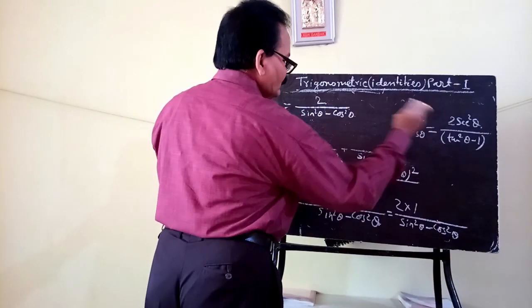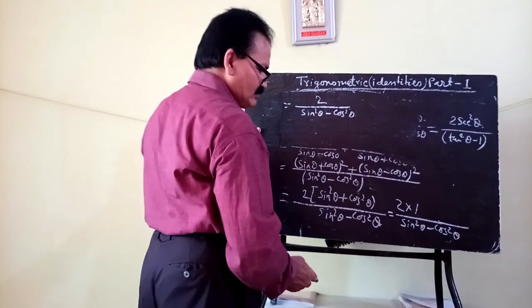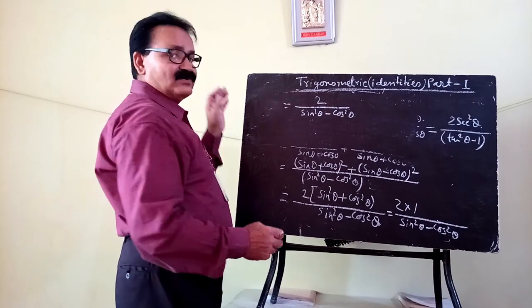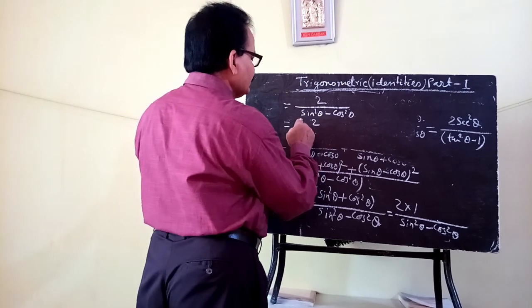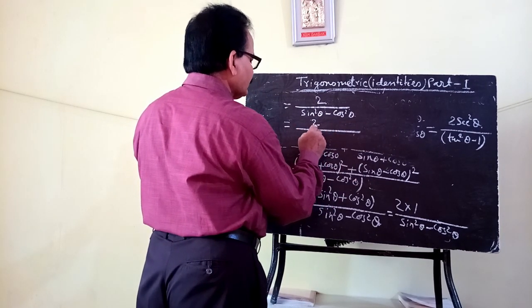Okay, and we have to prove this one. So in the denominator is tan square theta. Here it is only sin square theta. Then what you will do? You divide the denominator by cos square theta.